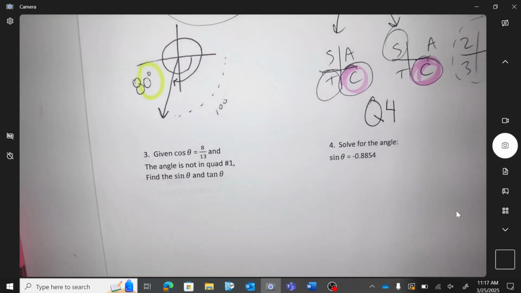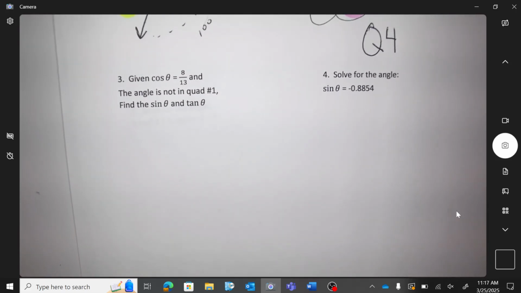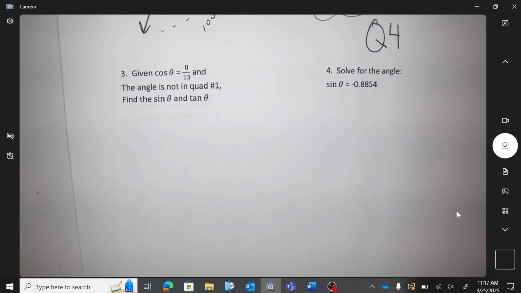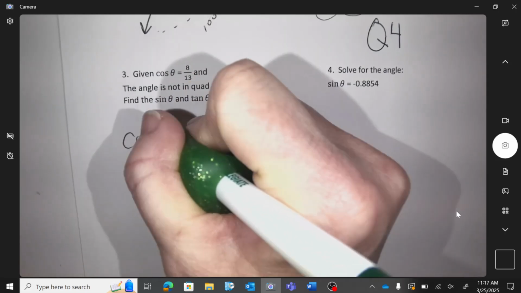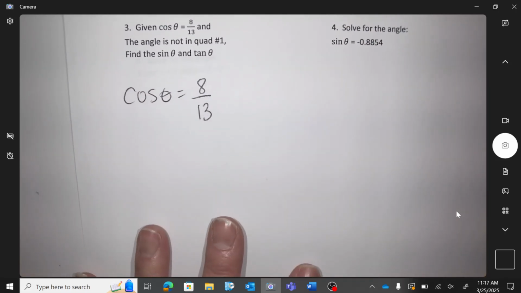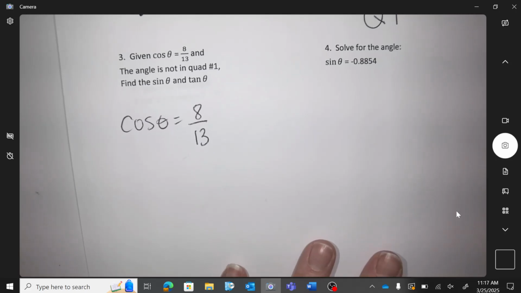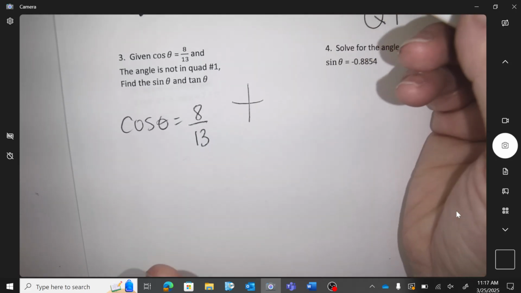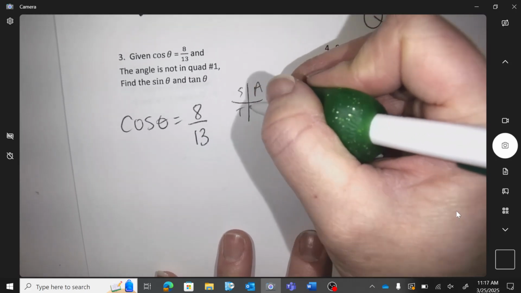Okay, we have been given a cos ratio, and we've been told that it's not in quadrant 1, and I'm asking you to figure out the exact trig values for sine and tan. So cos theta equals 8 over 13. What do I know? First thing I know is Astica.